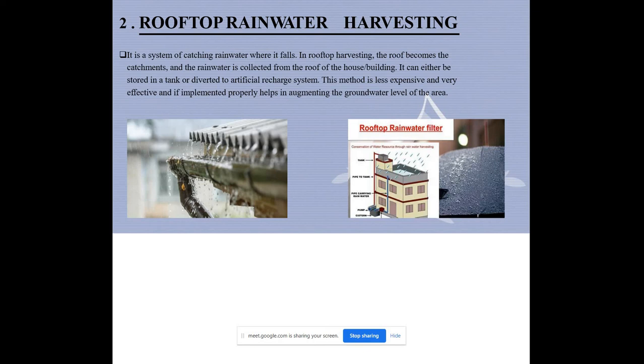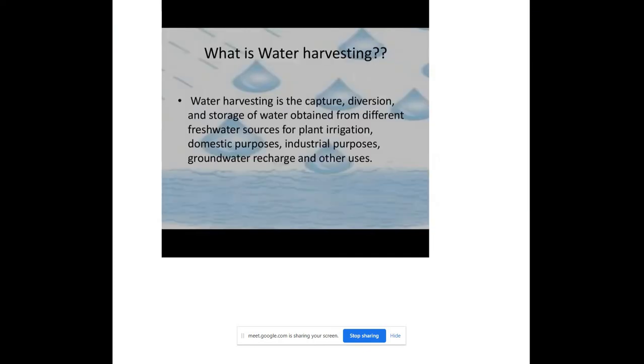Surface runoff harvesting. In urban areas, rainwater flows away as surface runoff. The runoff could be caught and used for recharging aquifers by adopting appropriate methods. Rooftop rainwater harvesting system. It is the system of catching rainwater where it falls.